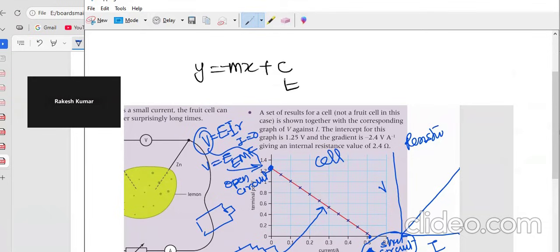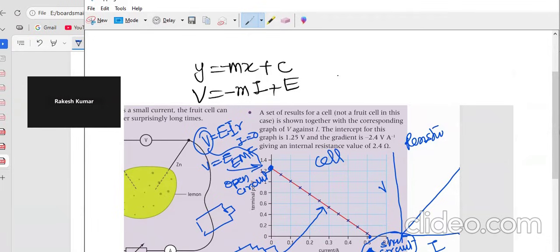So c is E now, this is V, y is V, and this is minus m into I plus this. Okay, we have got this.